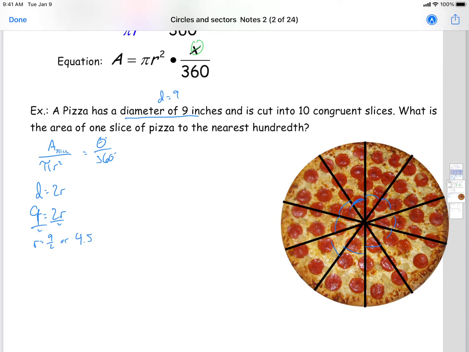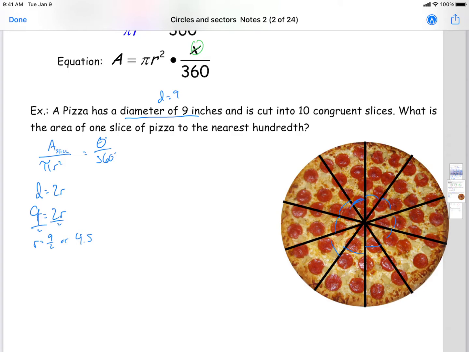Now, if it's 10 congruent slices, what do you think the degrees of these things are going to equal? The central angles of each of these slices. 9/10 of an inch?